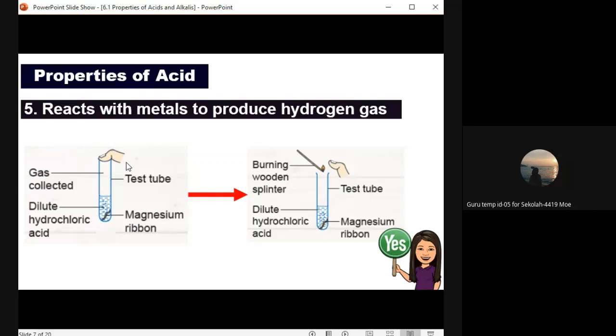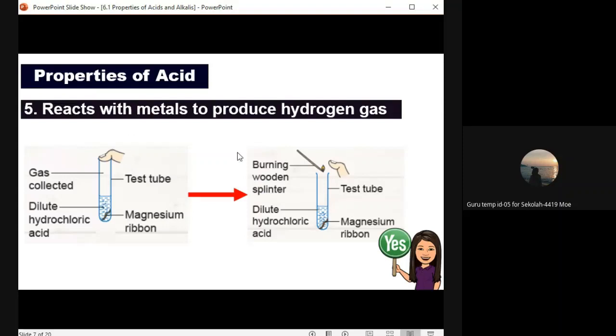Do you still remember? Hydrogen or oxygen? Dia ada glowing wooden splinter and burning wooden splinter, right? So it is actually to test hydrogen gas. So if hydrogen gas is present you will hear a pop sound because hydrogen gas is explosive.